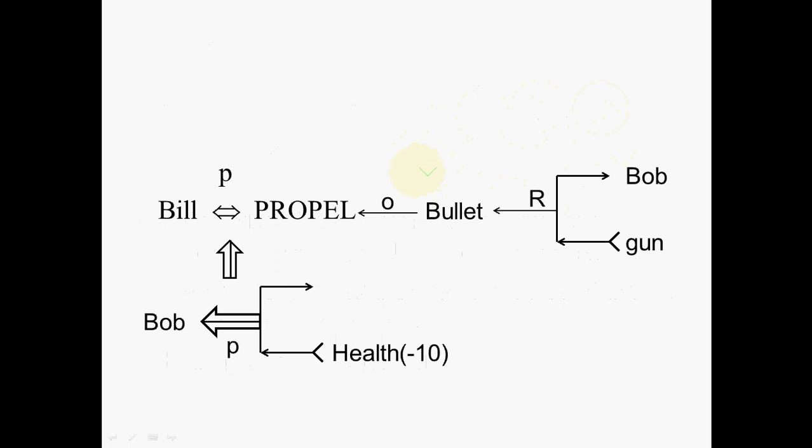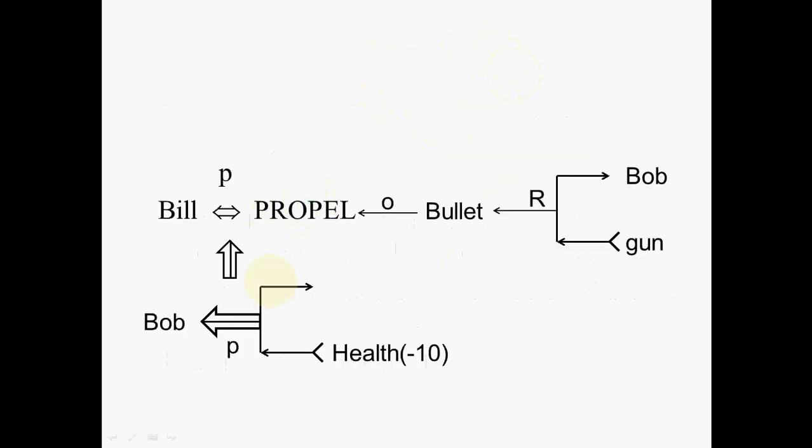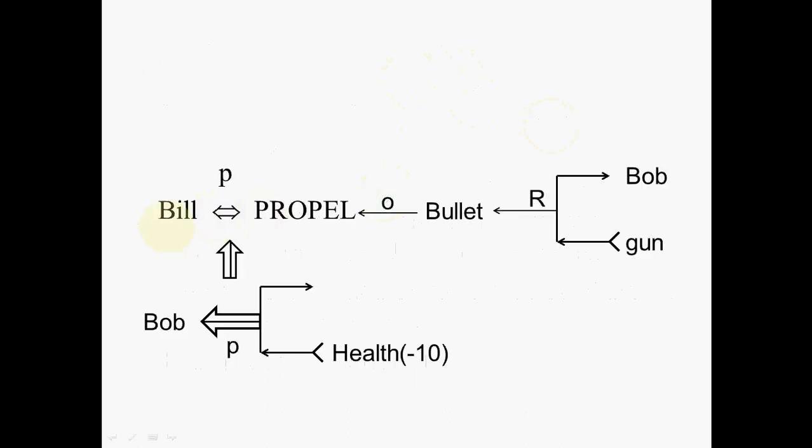So you just see, this part here is one conceptualization, the cause of action, and this part over here is the state change that happened because of this action. So now when you say Bill shot Bob, shot is a past tense, so please note P is written here.